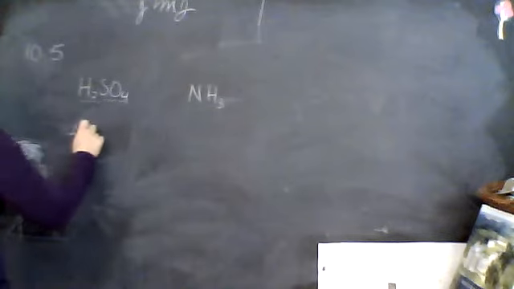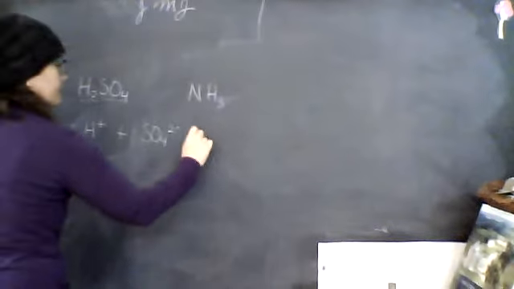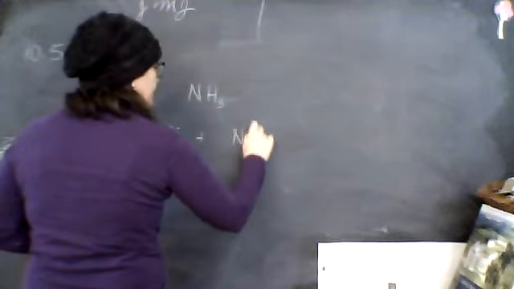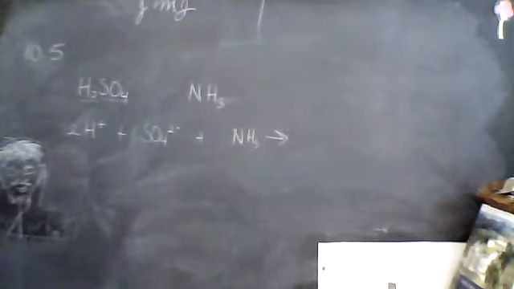Okay, so sulfuric acid wants to donate. And so it's going to donate to the ammonia. So let's see what happens. So if it's donating to this, do you know what's going to happen?